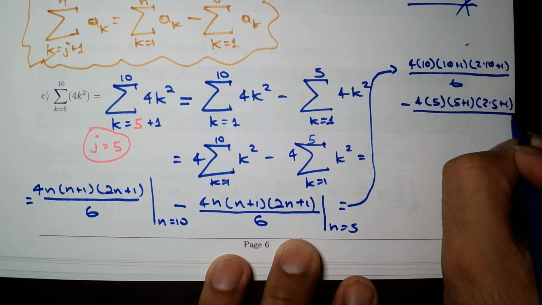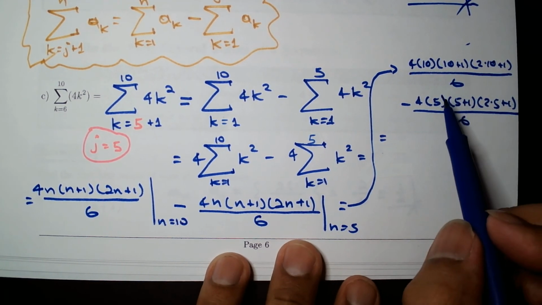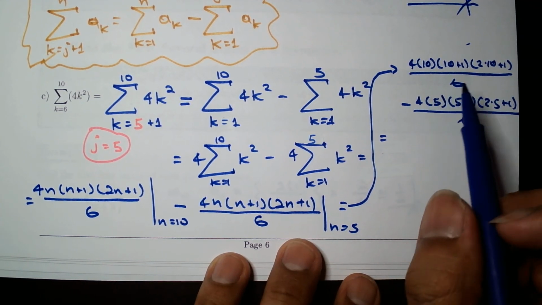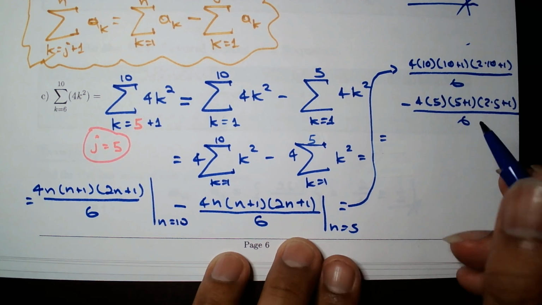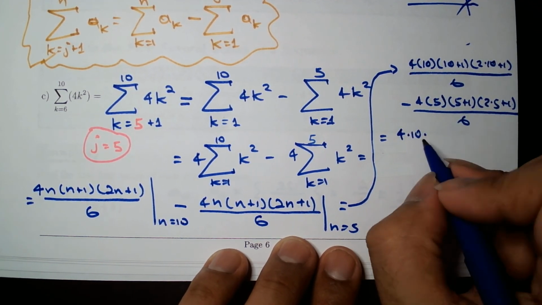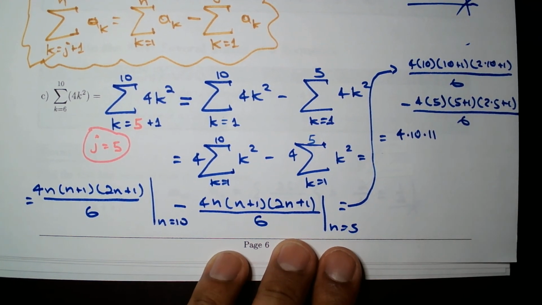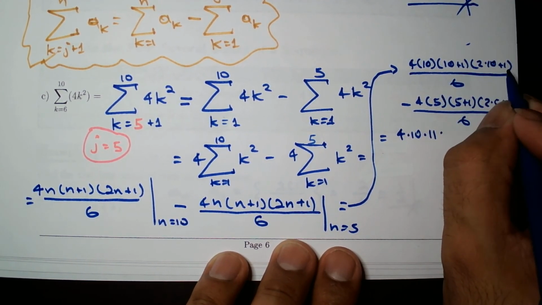So let's do one at a time. Okay, so let's see. 4 times 10 times 11, times 2 times 10, which is 20, plus 1.